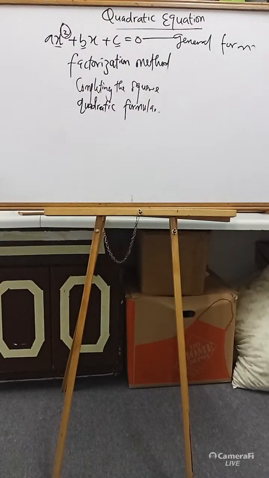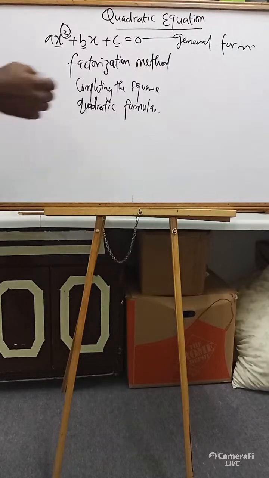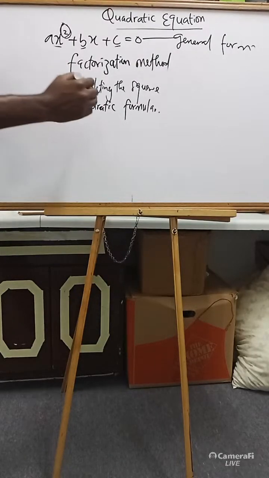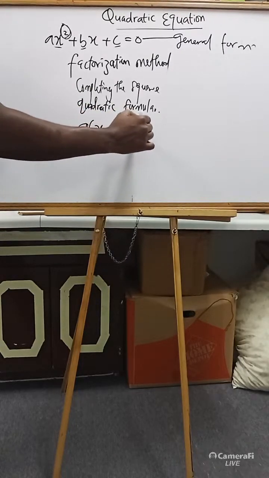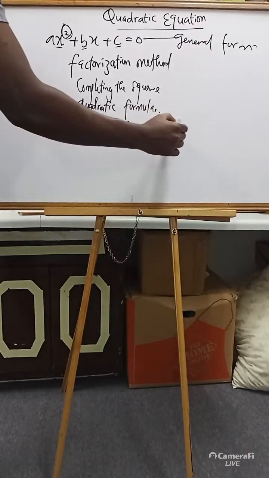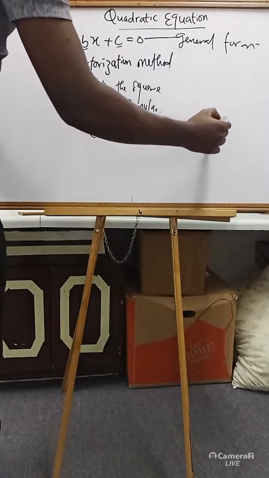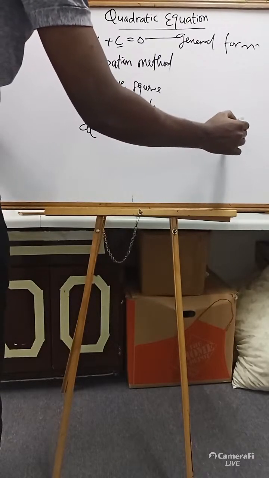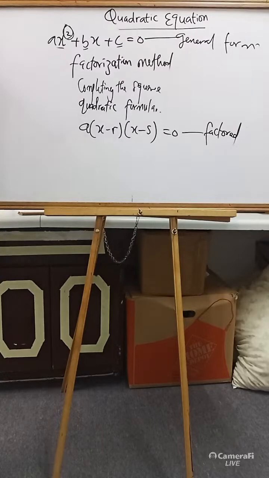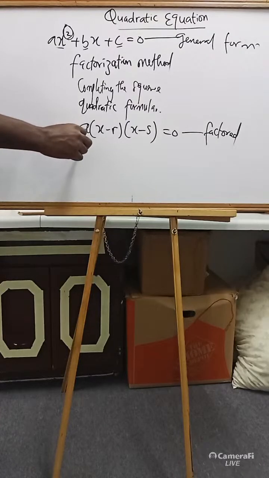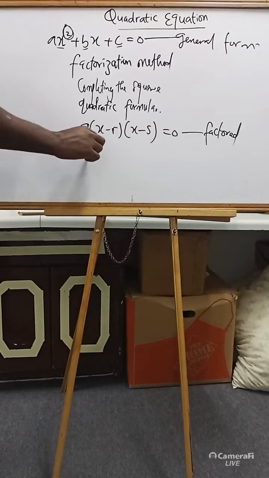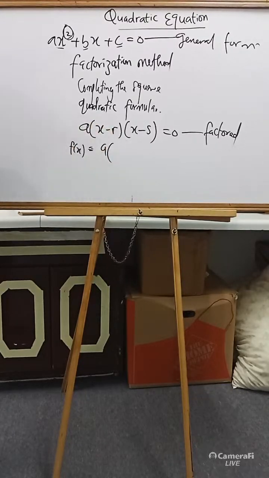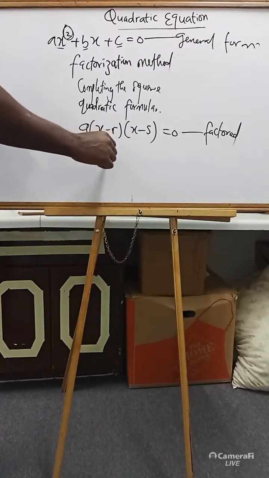We also have two other forms. We have the factored form. If you want to have this in factored form, then you're going to have a(x minus r)(x minus s) equals 0. This is another form you can have a quadratic in. Also, possibly you can have it in vertex form, where f of x equals a.